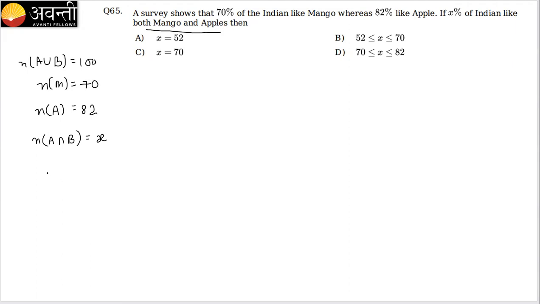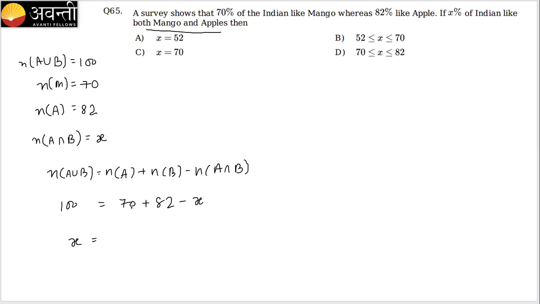So we have the formula: N of A union B is equal to N of A plus N of B minus N of A intersection B. So this will be 100 is equal to 70 plus 82 minus X. So X will be equal to 152 minus 100, which is 52. This is basically equal to N of A intersection B.